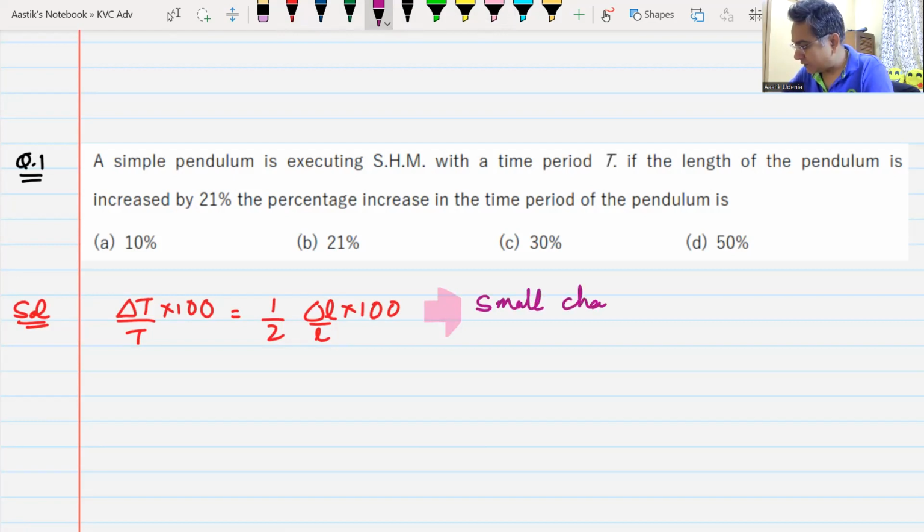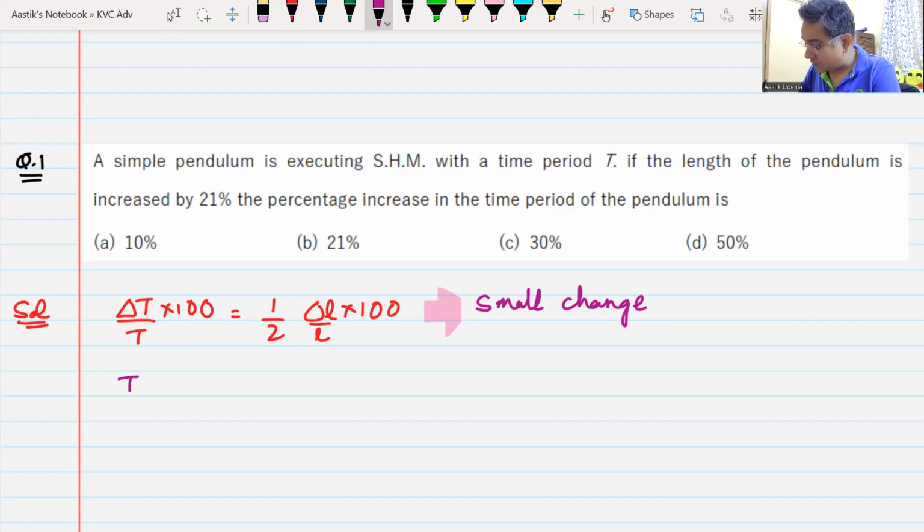All these formulas that we get for percentage change are only valid for small changes. They're not valid for large changes, because we have applied derivatives and approximation here. When the changes are not small, you have to use the original formula.